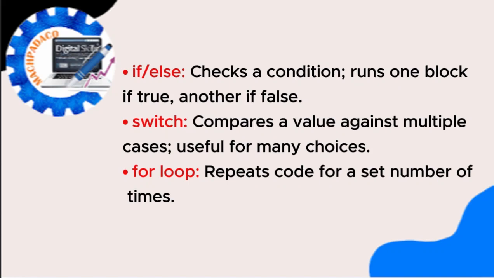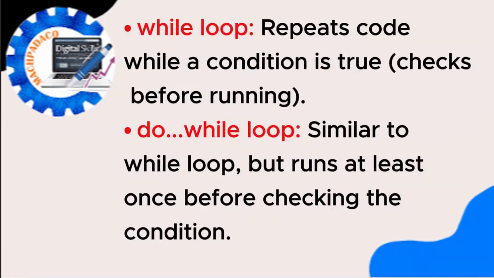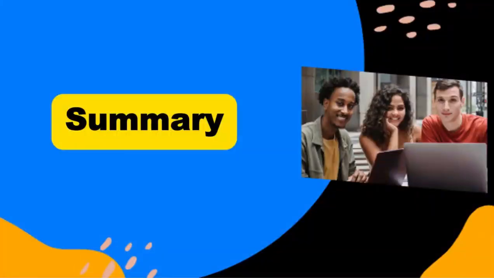For loop repeats code for a set number of times. While loop repeats code while a condition is true, checking before running. Do while loop is similar to while loop, but runs at least once before checking the condition.